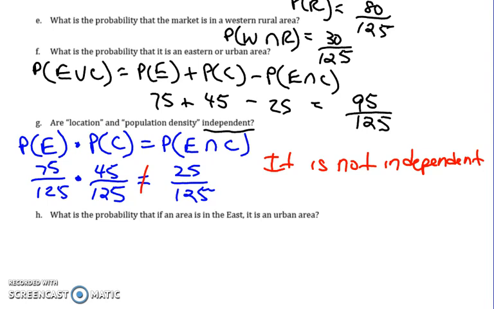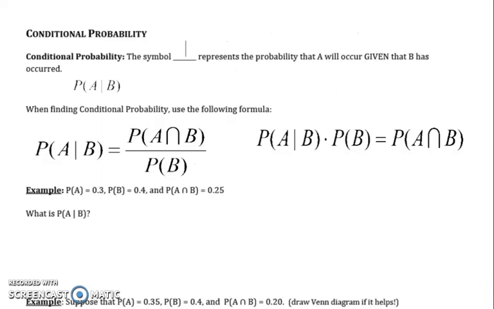So before we get to H, in terms of our probability that if an area is in the East, it is urban, let's first look at our conditional probability formula. The slash would represent the probability that A will occur given B. So whatever's on the back end is your given.